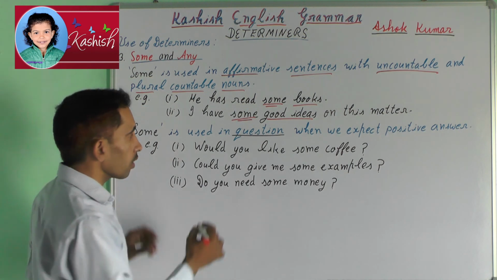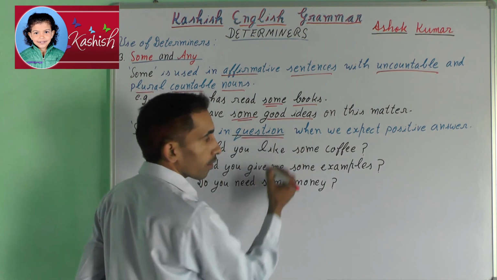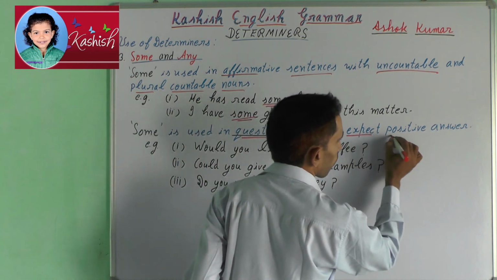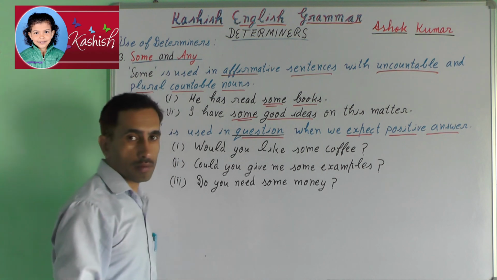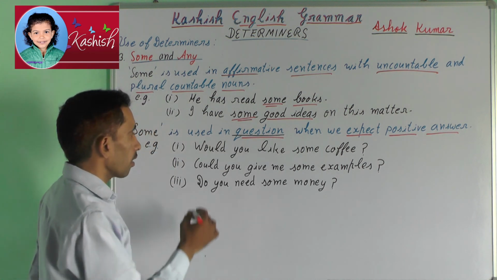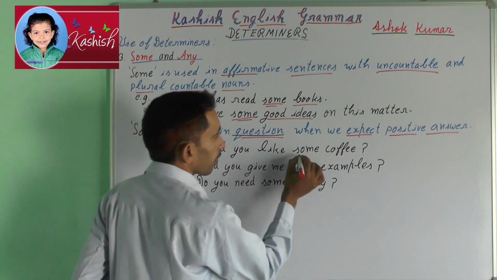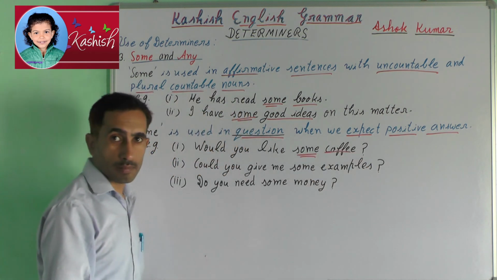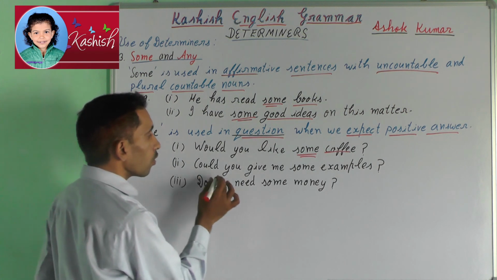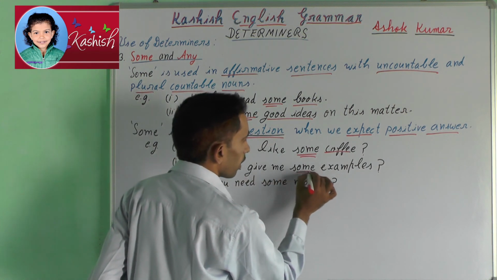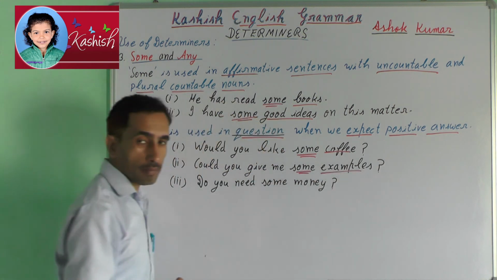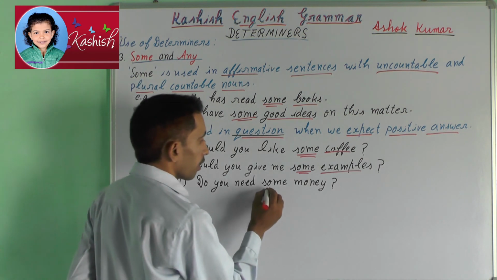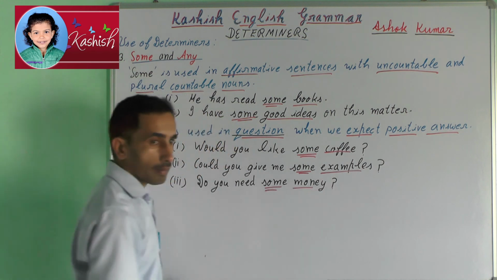Some is used in questions when we expect a positive answer. For example, would you like some coffee? Next, could you give me some examples? Next, do you need some money?